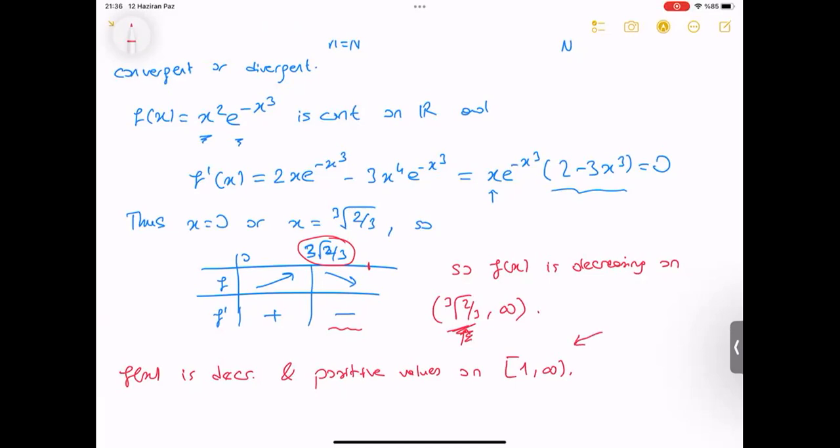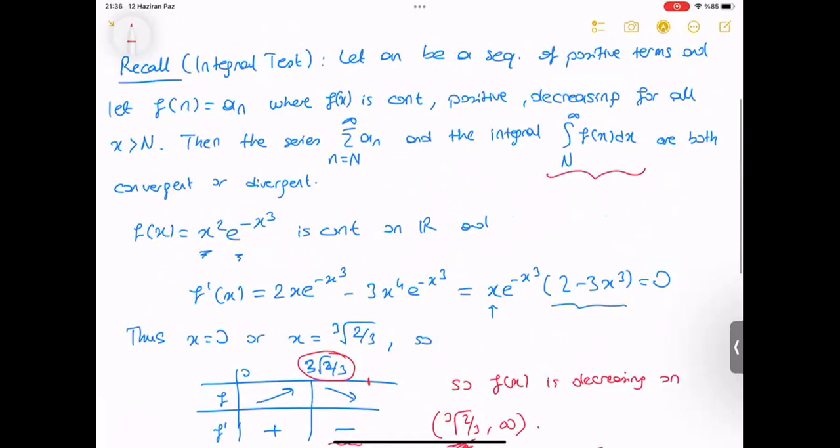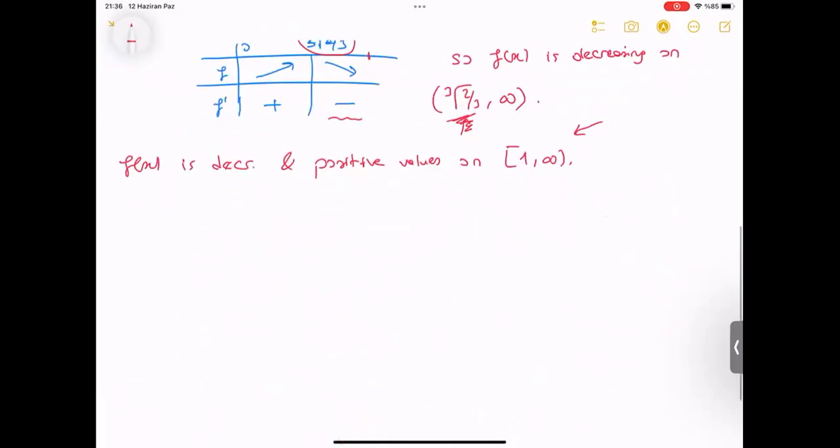Now we need to compute the integral of this function. Here n will be equal to 1, so from 1 till infinity, we need to compute the integral of f of x dx. We have the definition of f was this, dx.